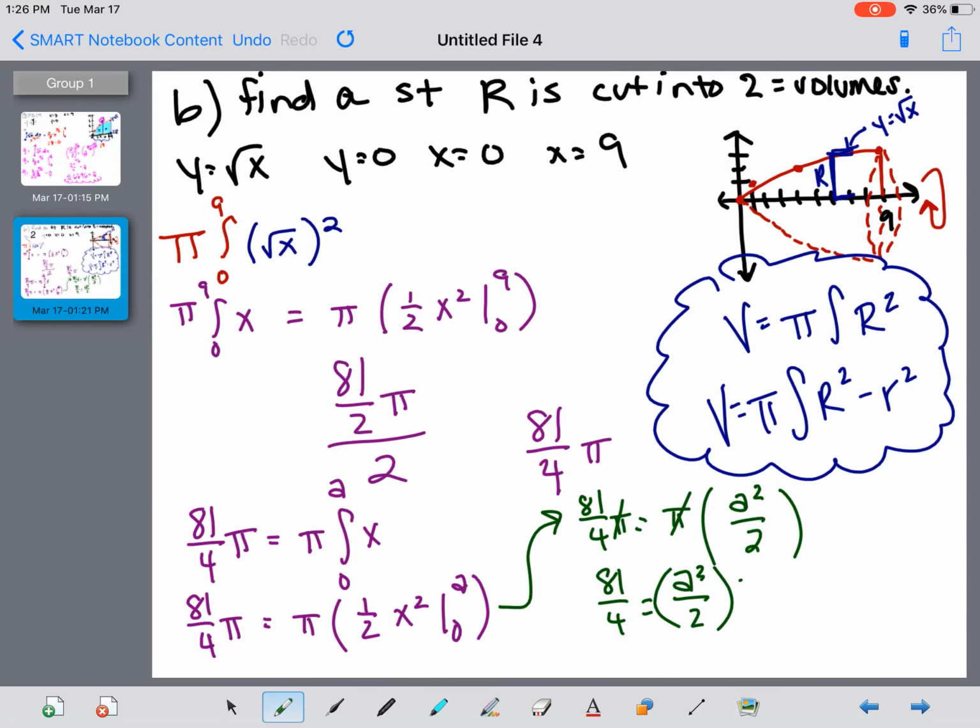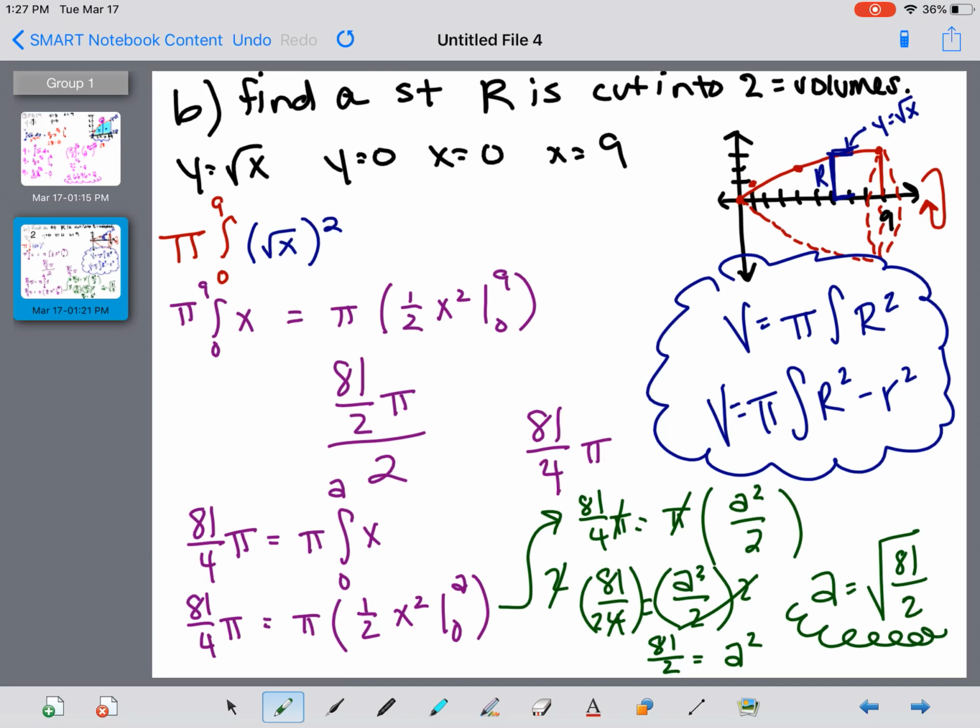I'm going to multiply by 2 on both sides, and that becomes 81/2. So 81/2 equals a squared, and a equals the square root of 81/2. That is the value of a that cuts this volume into two equal pieces.